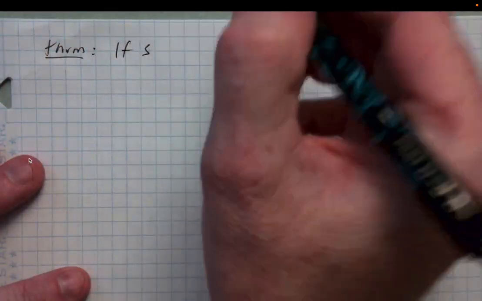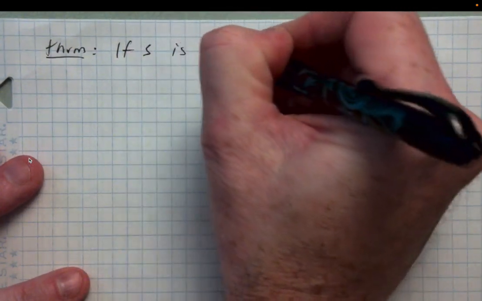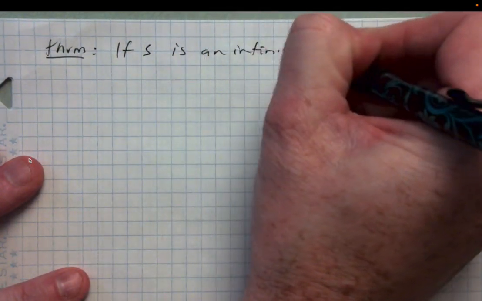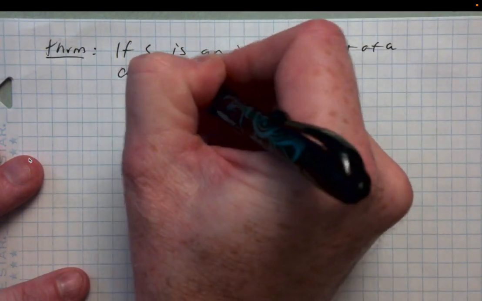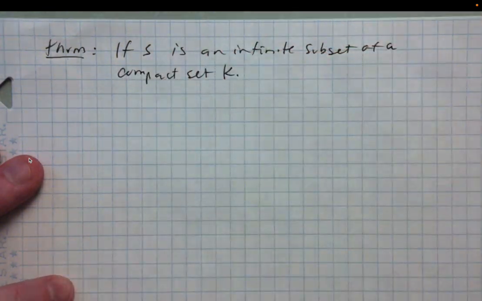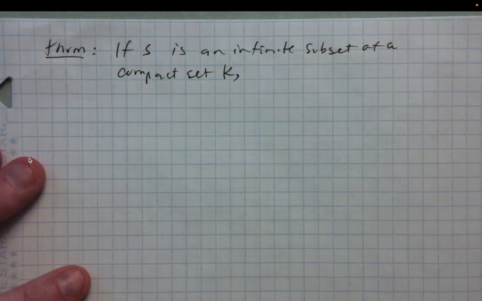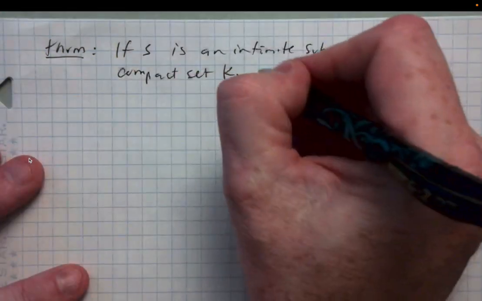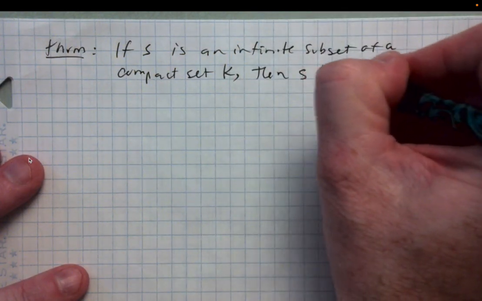This theorem is another push in that direction. If S is an infinite subset of a compact set K, then S has a limit point in K.